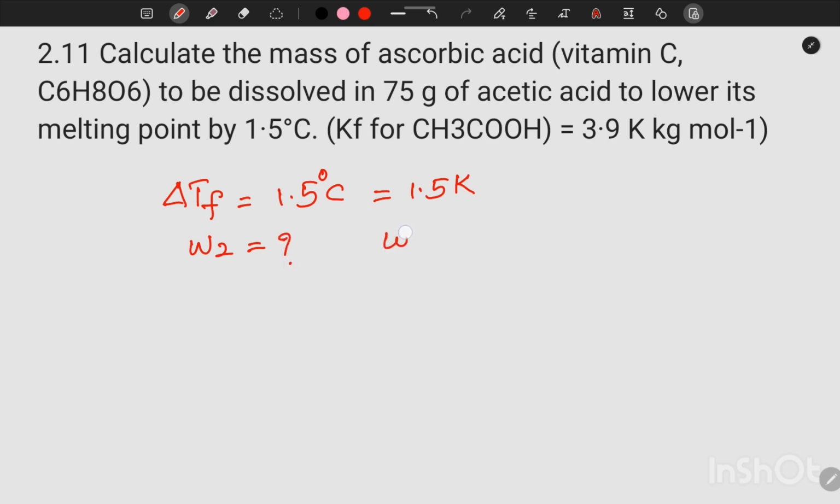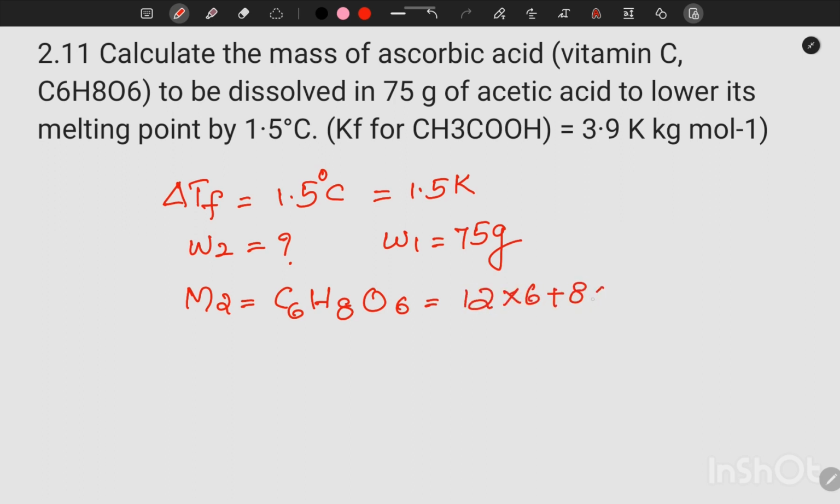Then W1 is equal to 75 gram and molar mass of solute, ascorbic acid, vitamin C, C6H8O6. So 12 into 6 plus 8 into 1 plus 16 into 6. When we simplify this we will get 176 gram per mole.